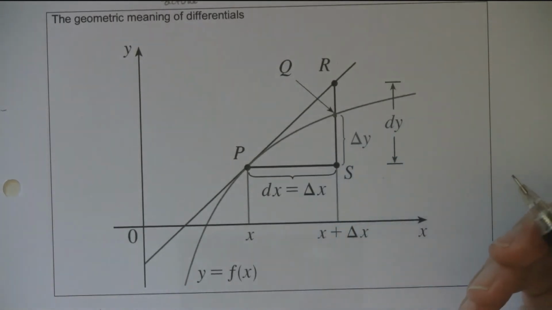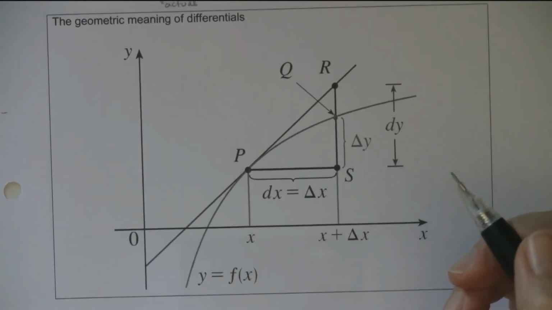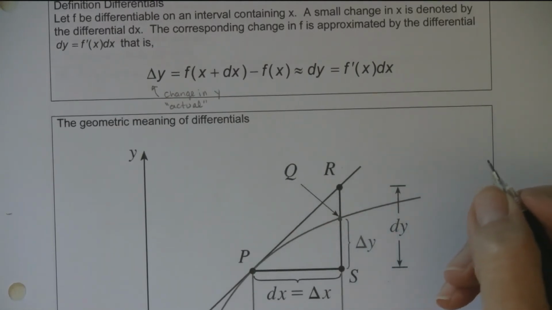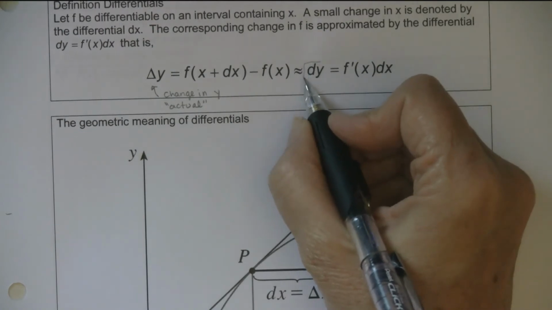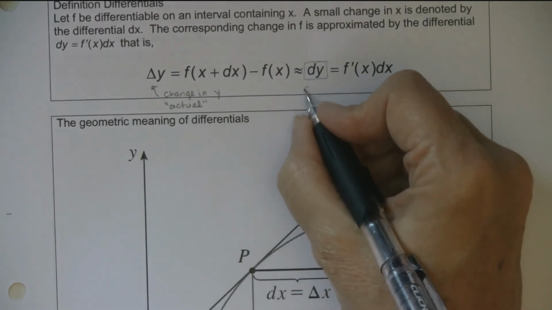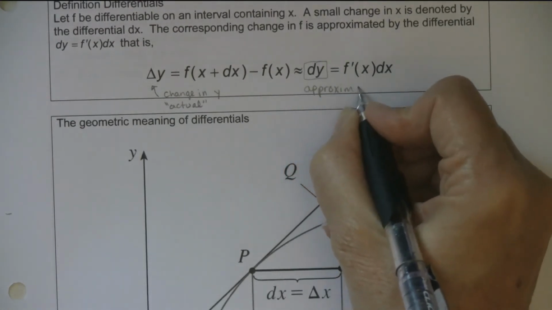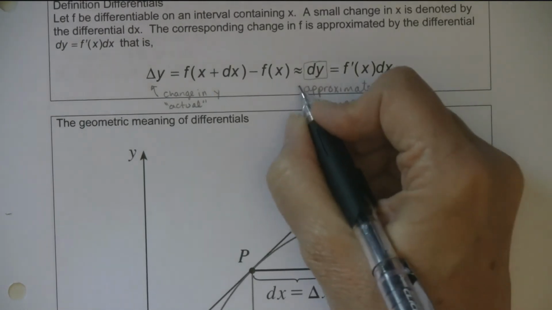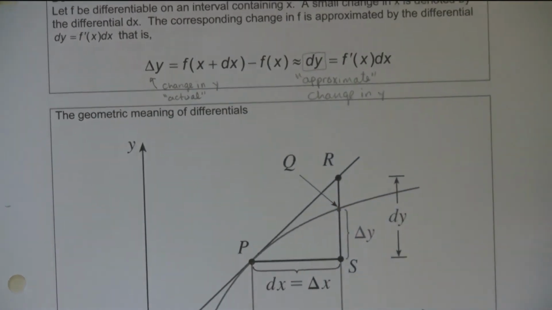And I could calculate it if the curve is easy enough to calculate. But there's something that you can use, and that thing they're calling dy here. And what that is, is the approximate change in the y value.